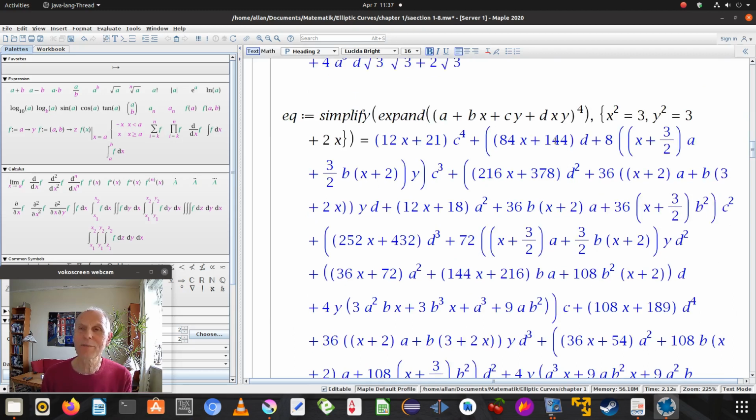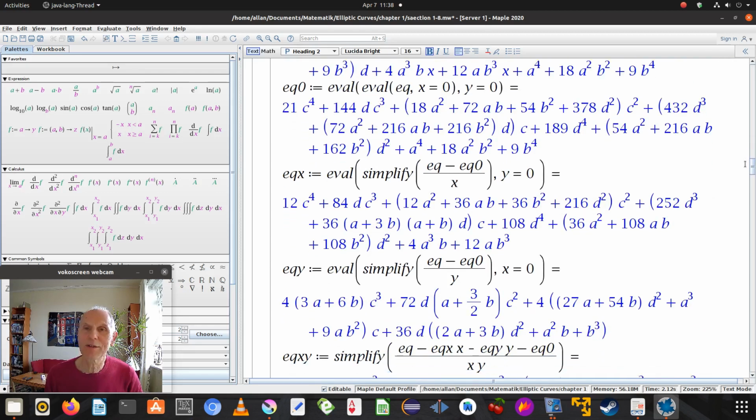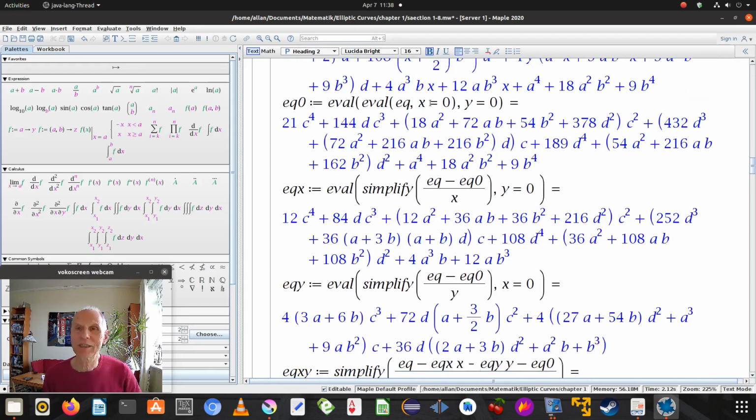So instead, I did it symbolically, x being the square root of 3, and y being the square root of 3 plus 2 square root 3. Using these relations, it simplifies the expansion we saw before. Then we can find the constant term by setting x and y to naught, subtracting it, dividing by x, and simplifying, setting y to naught, and the same thing with x.